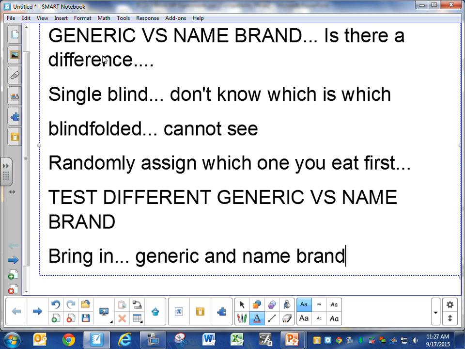So on Monday, bring in a generic and a name brand, if you want to. Okay? But we only have 30 people, so we're talking about not huge boxes of things, like small things. And we will all test. We will pick A and B. It'll be fun. It'll be good. We'll be able to do this quickly, I think, and come up with results. Okay? You guys cool with that? All right.